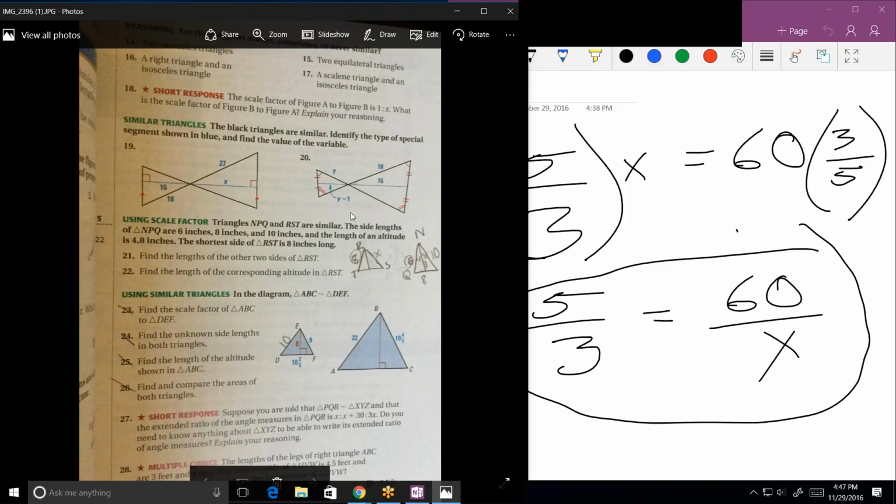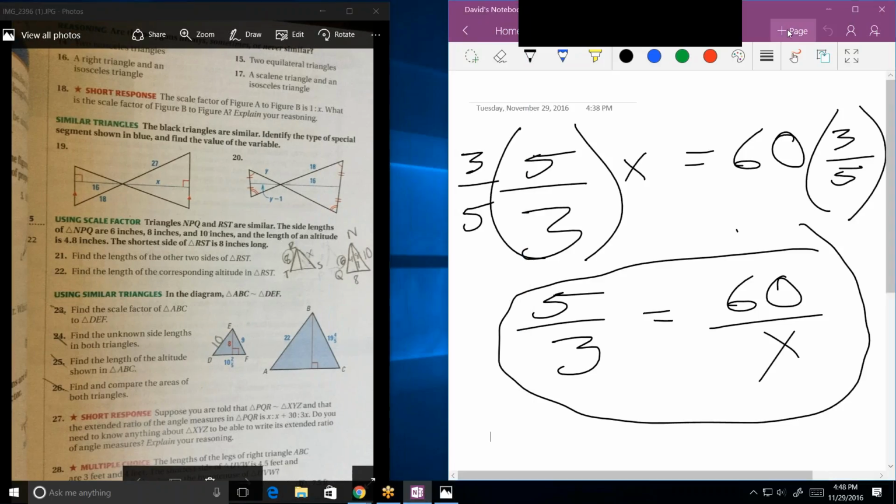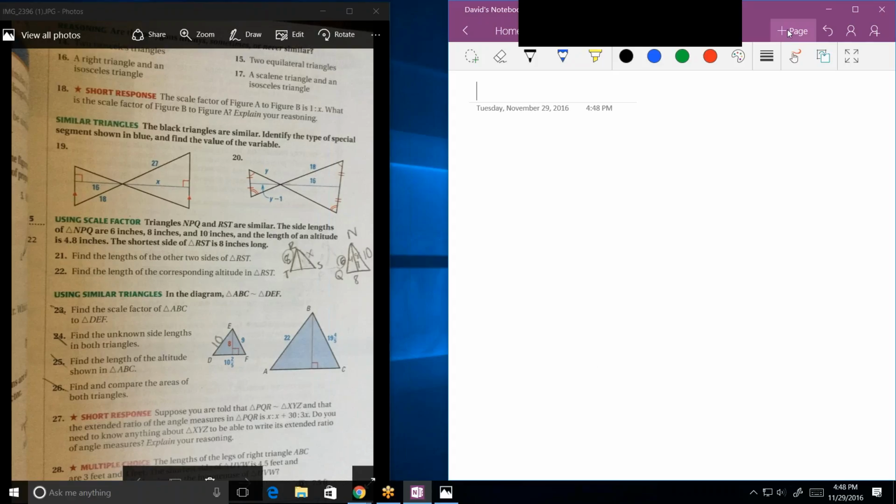So what's the scale factor? So this one's a little harder, huh? To figure out the scale factor. They don't give us two corresponding sides. So how can we figure out the scale factor?